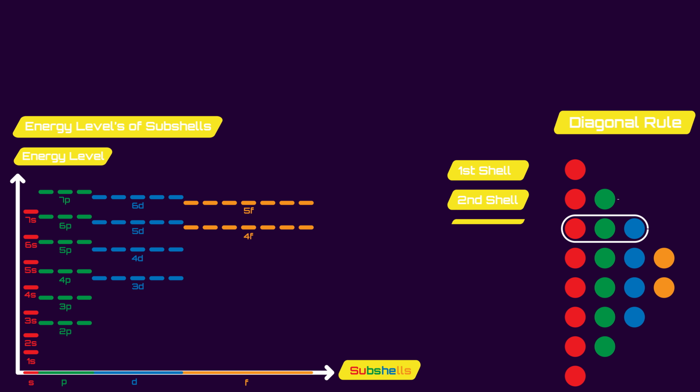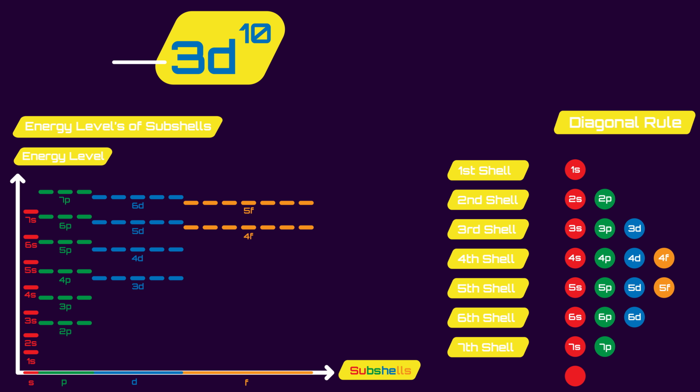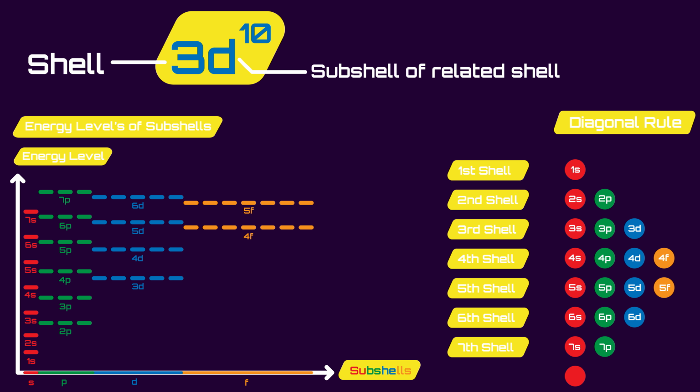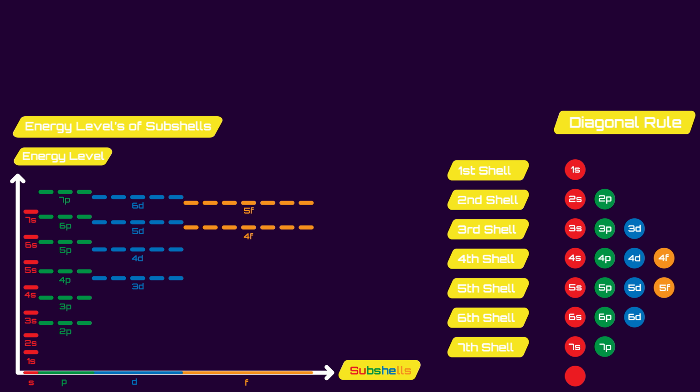Subshells of the same shell are written as a row from the lowest to higher energy level, from left to right. In this expression, the first number represents the shell, the lowercase letter represents the subshell, and the top right number represents how many electrons occupy the orbital.